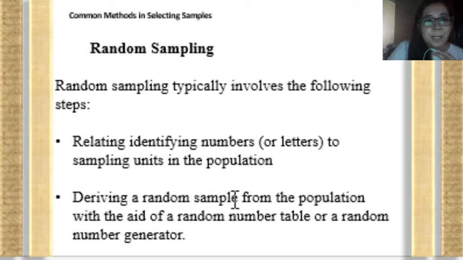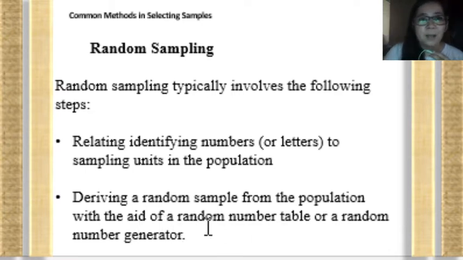Next, the auditor will derive a random sample from the population with the aid of a random number table or random number generator. Meaning this is how the auditor will determine what number or what letter to be included in his sample. The auditor will not be the one to select.